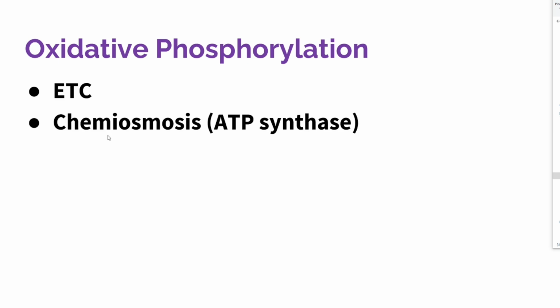And chemiosmosis is the movement of protons, similar to osmosis, from a high concentration to a low concentration. And it involves one of my favorite enzymes ever, ATP synthase. This is really important in making energy, and this is basically the bulk of where we get our energy. It's from ATP synthase.